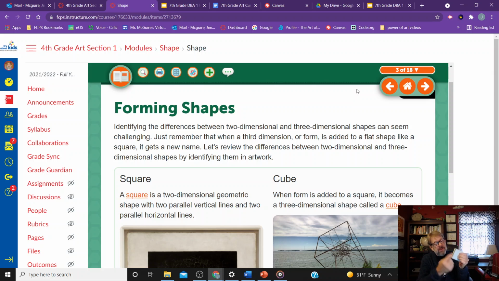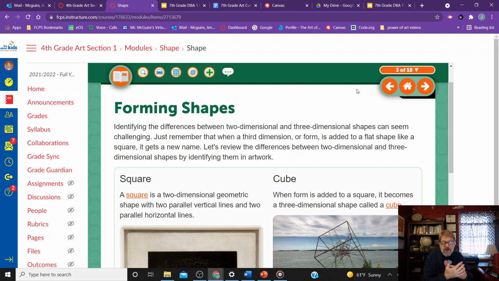So now I have 1, 2, 3 dimensions. So where we think of a two-dimensional shape, this would be a three-dimensional form. 3 dimensions, 2 dimensions.